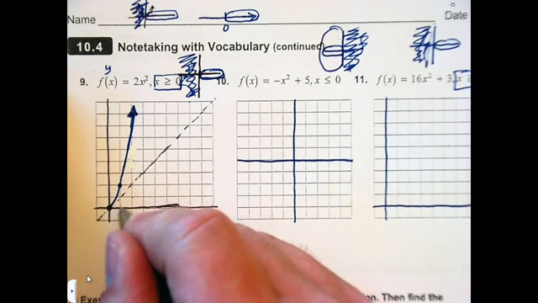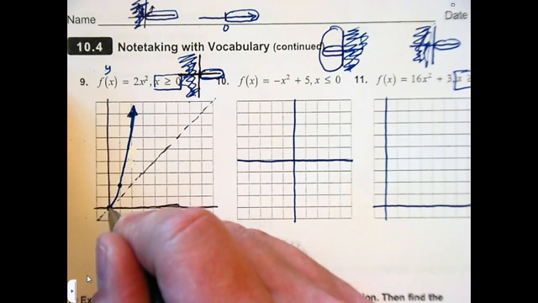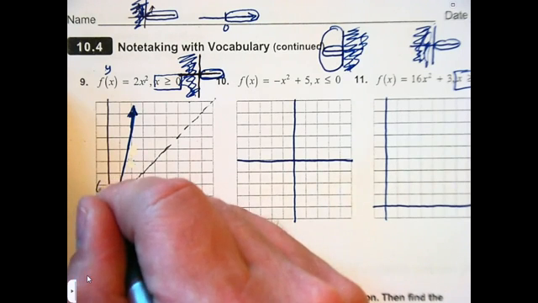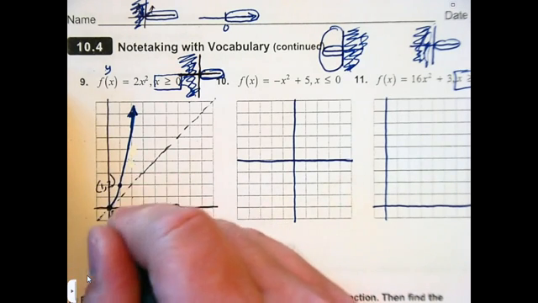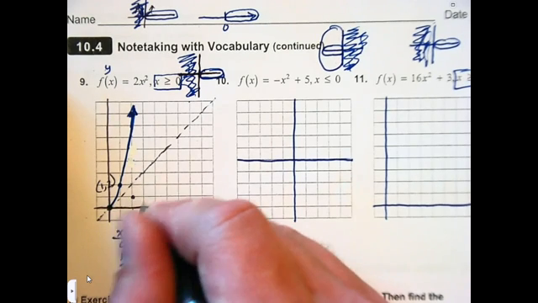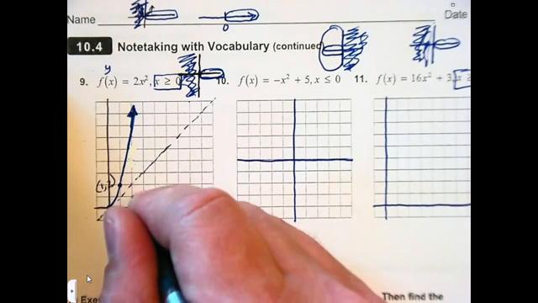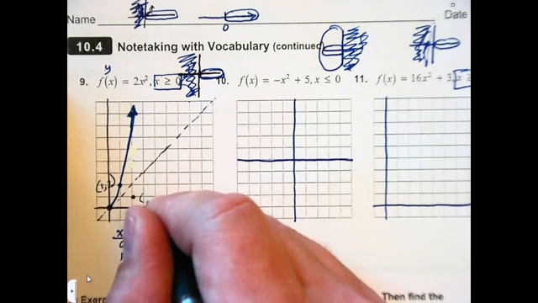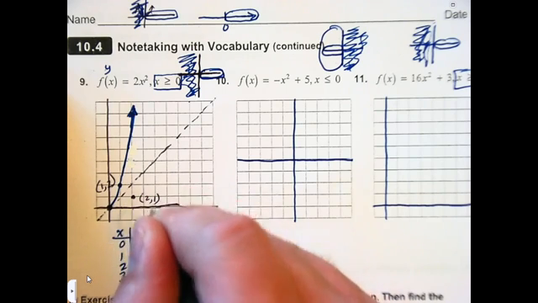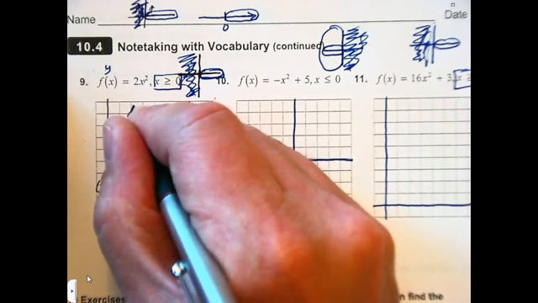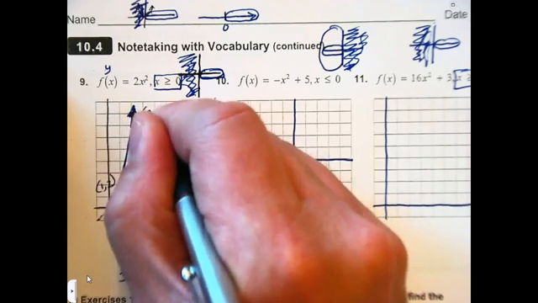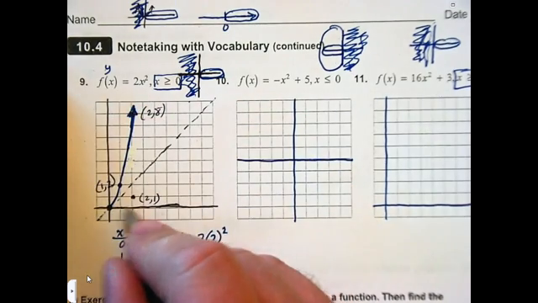But the point that's at 1, 2 actually goes to 2, 1. So 1, 2 becomes 2, 1. Really, the x and y values just changed. I know, it's amazing. The point that's up here at 2, 8 becomes 8, 2.